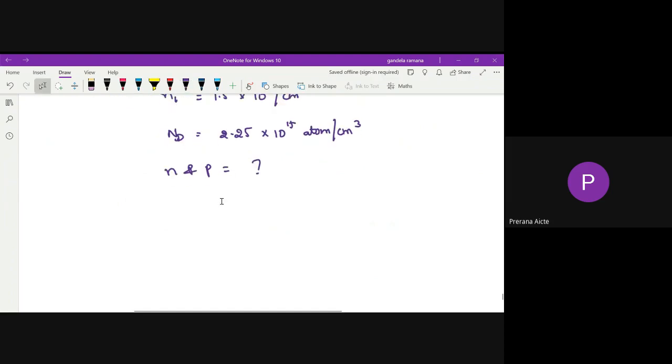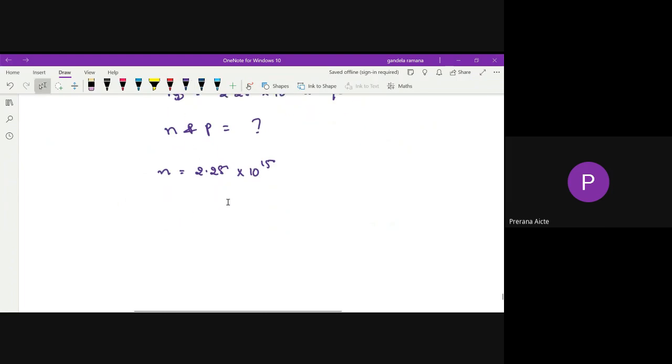So the total number of electrons N is equal to 2.25 × 10^15 electrons per cm³. So here N is equal to the number of charge carriers.